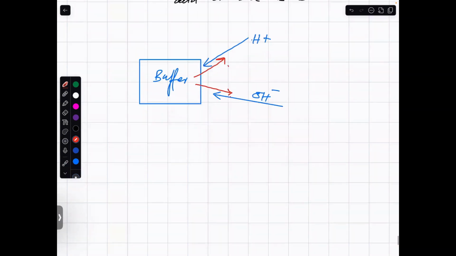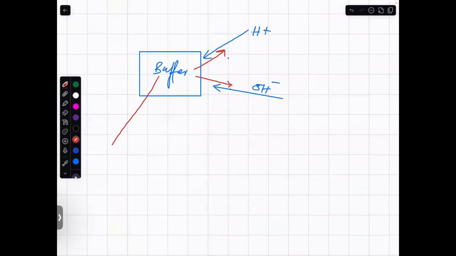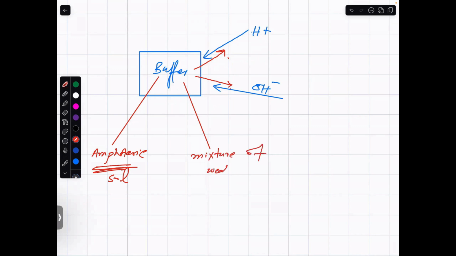So what should a buffer be then? A buffer could be a solution of amphoteric substances, or a mixture of a weak acid and its salt.